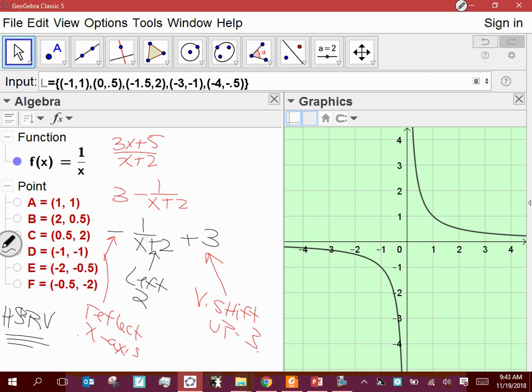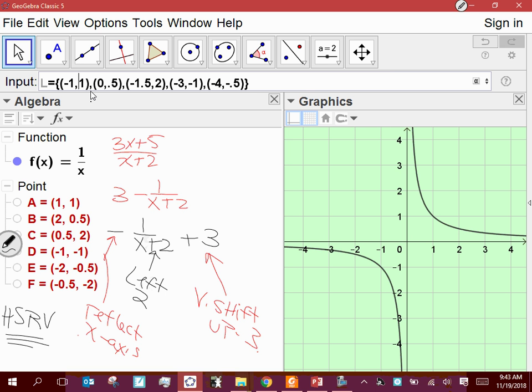There's no vertical stretch or horizontal stretch, because there's no multiplier out front here, right? Like the last one had 2 out front, this one doesn't. There's a reflection over the x-axis. So what is that going to change? The y values, it's going to make them all the opposite sign. So everything that's positive becomes negative.